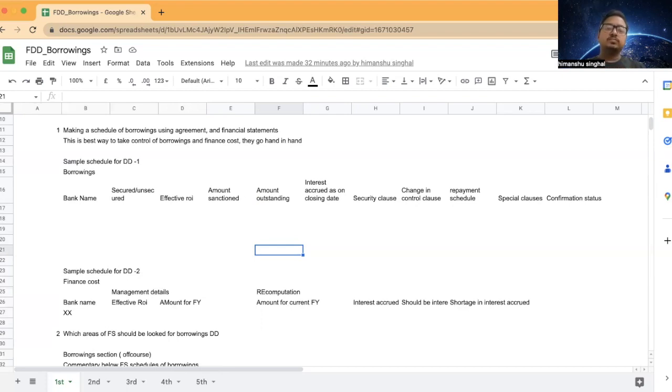Now, then you need to see the interest accrued as on date. Ideally, this balance is the accrued balance as per the financial statements. At this stage, I generally don't prefer to go into what the interest accrued should be. I prefer to keep the number simple, so that we have control over the borrowings as such.